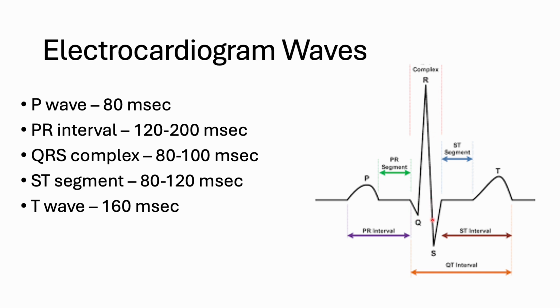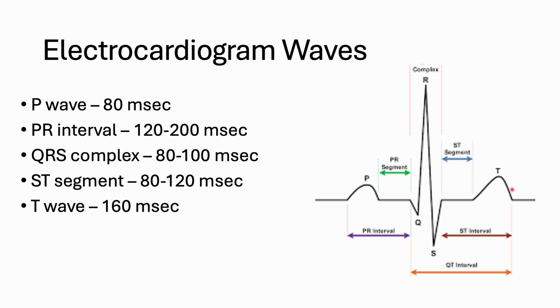And that lasts somewhere between 80 and 100 milliseconds. After the S wave deflects downward, there's no real activity. So this isn't another wave, it's just a repolarization to the 0.0 baseline. After that happens, we have a little bit of time, and this is actually when the heart is repolarizing.